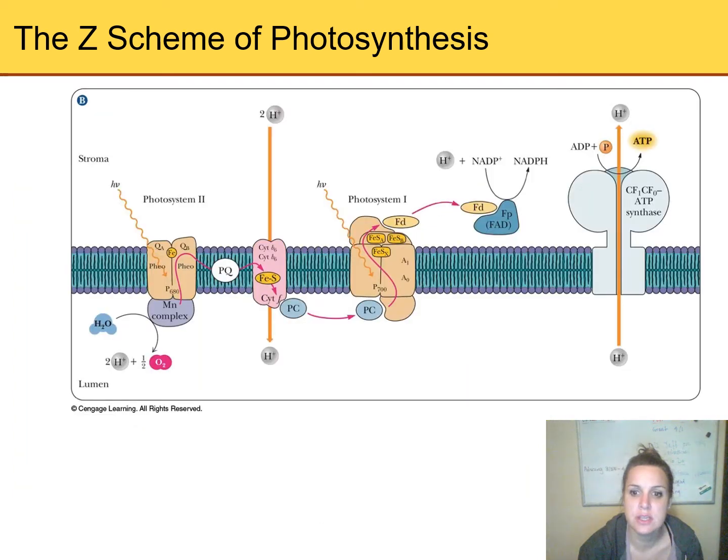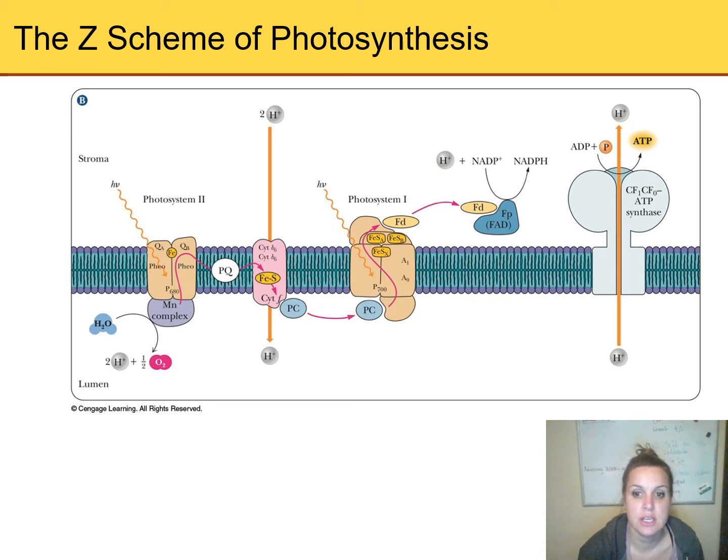Okay, you see another representation of photosynthesis. You see that electrons are removed from water and they're passed to photosystem 2. In photosystem 2, they're excited by light, and they're passed by a couple mobile electron carriers to cytochrome C. Cytochrome C acts as a hydrogen pump, similar to what we've seen in the electron transport chain.